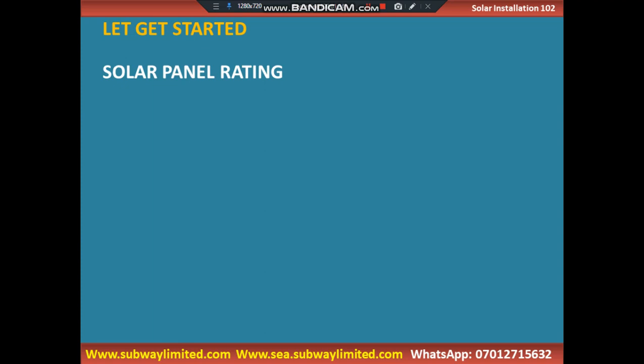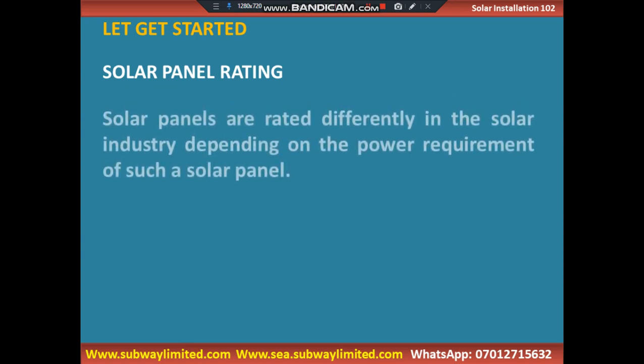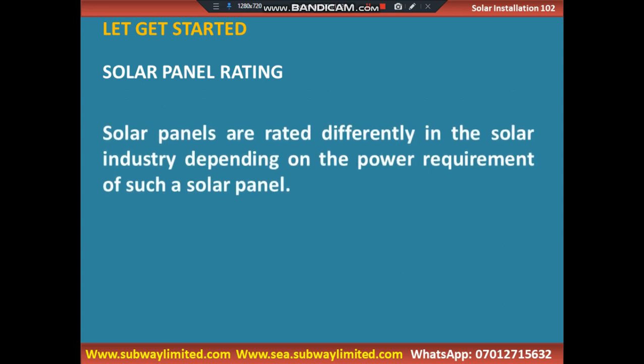It is the rating of any solar panel that will help us understand how to configure it, how to connect it, and how to communicate when we are talking about a particular solar panel. So, solar panels are rated differently in the solar industry depending on the power requirements of such a solar panel.